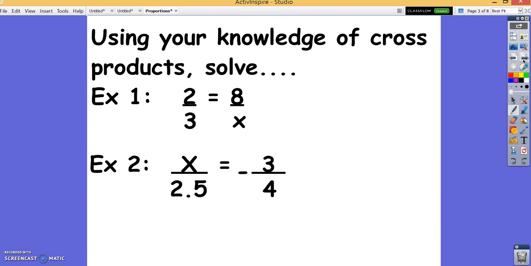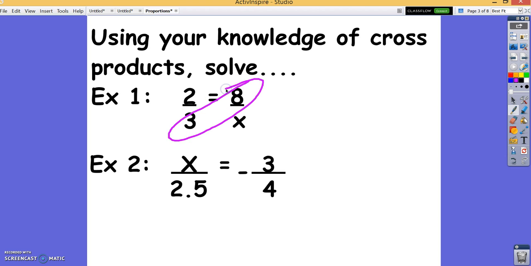Okay, we're going to use our knowledge of cross products to solve these problems. It says 2/3 equals 8/x. Now, if these ratios are equal, what that means is that their cross products are also going to be equal.